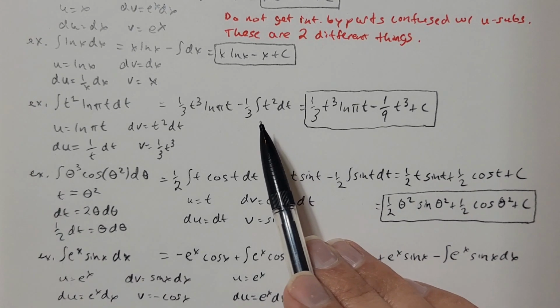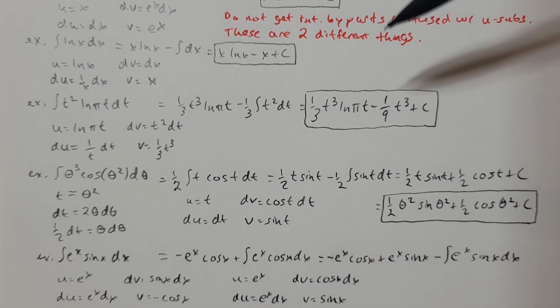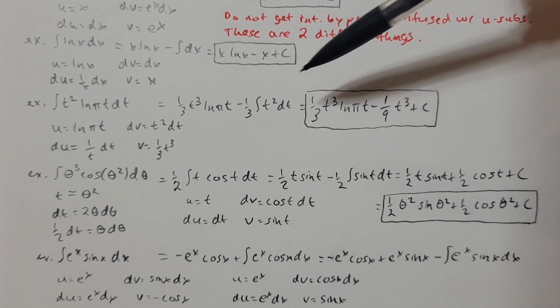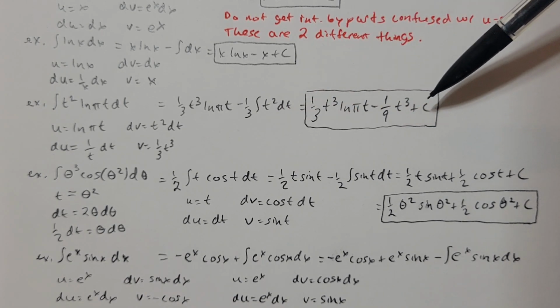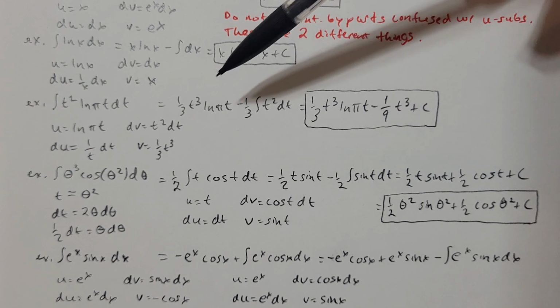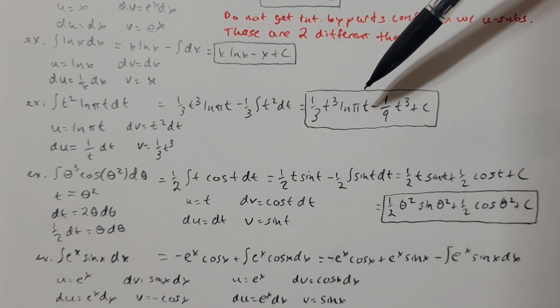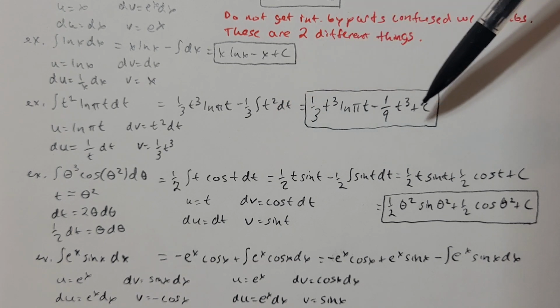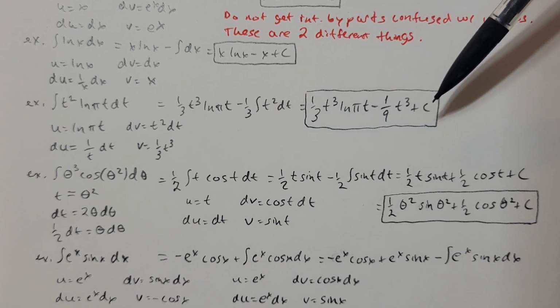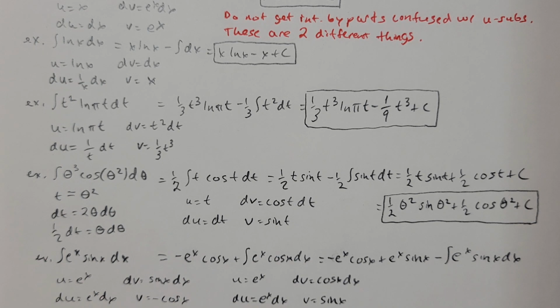The antiderivative of t squared would be 1/3 t cubed. 1/3 times 1/3 is 1/9, and then t cubed. So my answer will be 1/3 t cubed times the ln of pi times t minus 1/9 t cubed, and then plus a constant at the end.